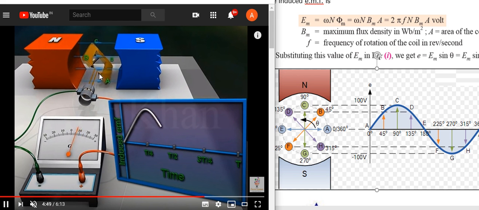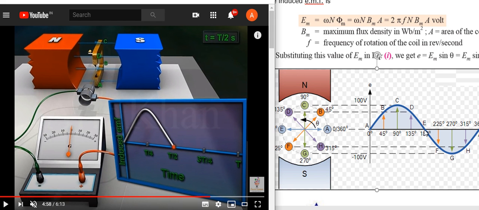Next it rotates again and becomes parallel to the magnetic field. Initially AB was at the top, but after T by 2 seconds the coil is parallel to the magnetic field, but AB is at the bottom. Then the induced EMF is Em into sin 180.